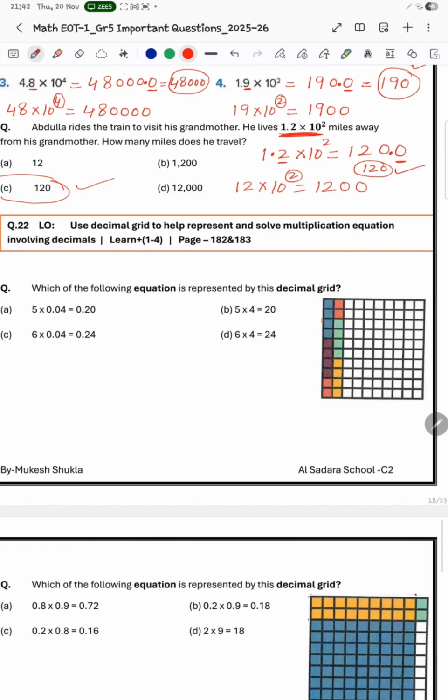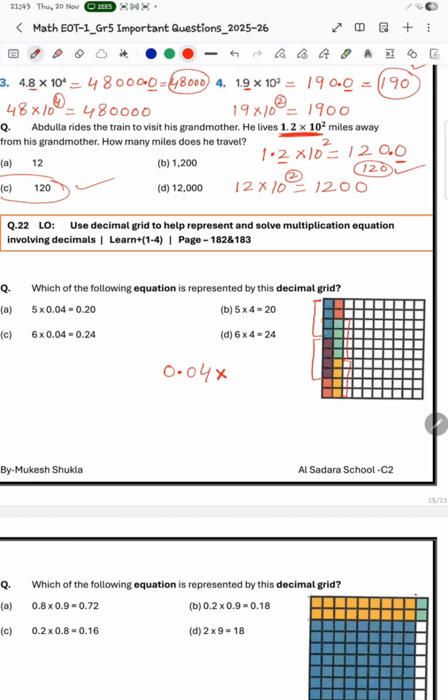This is quite obvious and easy. Here if you check the color, in one go we are coloring 4 boxes only. Can you see? In one go we are coloring 4 small boxes. Then again 4 small boxes, then again 4 small boxes and 4 small boxes. So what does it mean? 4 hundredths, that is 0.04, is multiplied.